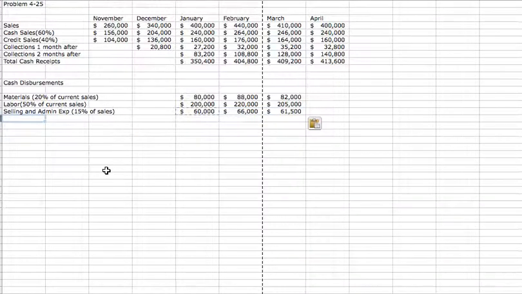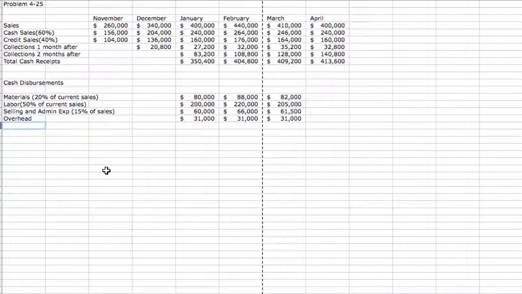All right, then we have some other information. Overhead expense is $31,000 in cash per month. Okay, overhead. They tell us it's $31,000 each month. And then depreciation expense is $10,600 per month. Is depreciation a cash expense?